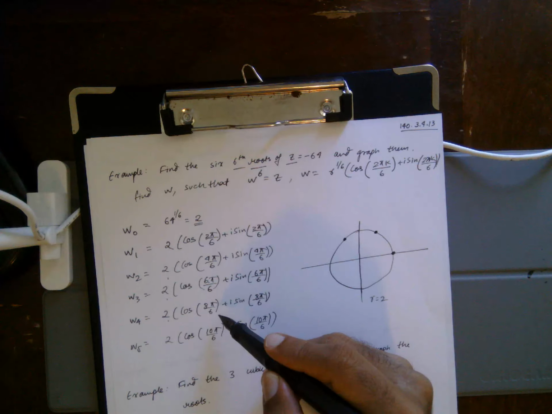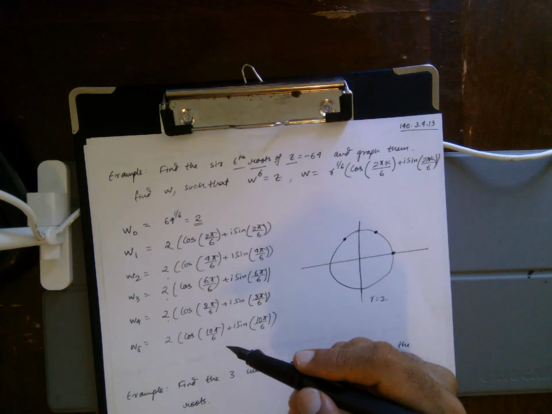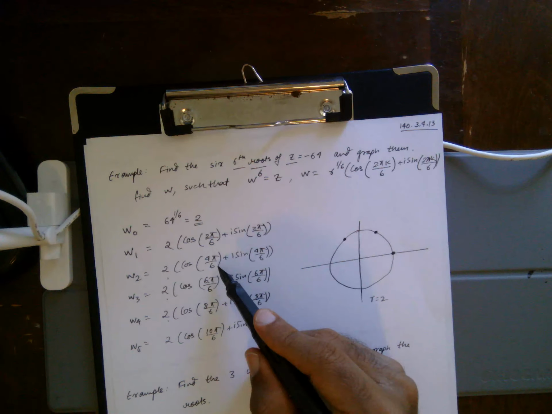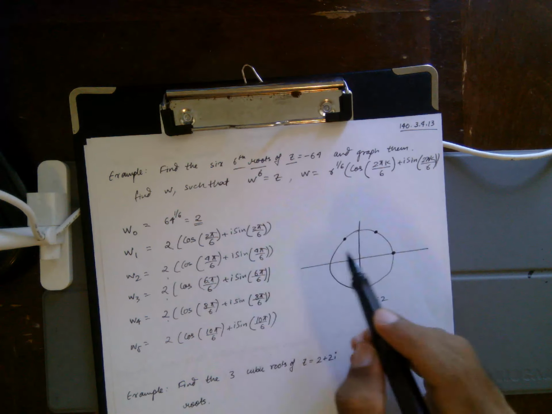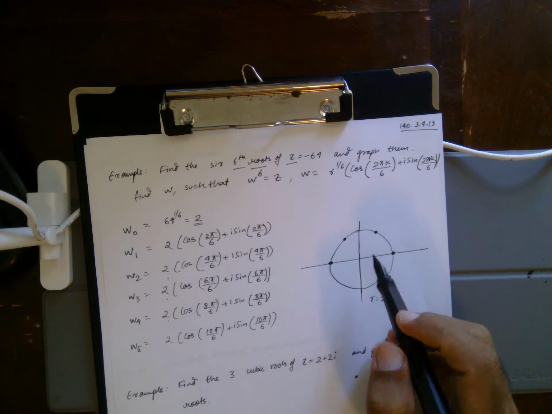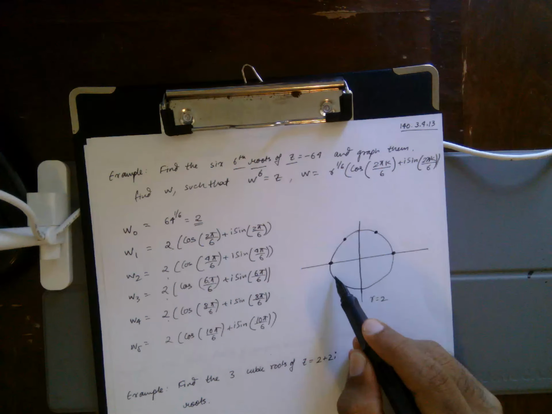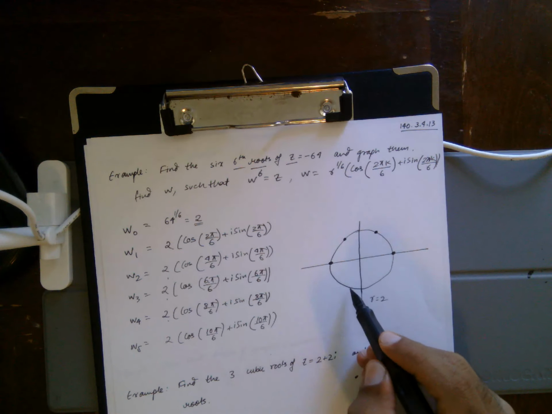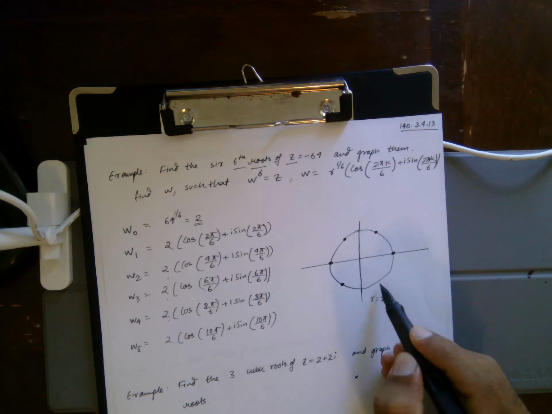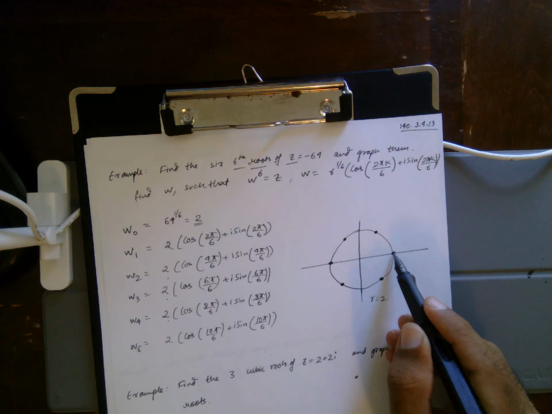Then it goes to pi. And then it goes to 4 pi over 3, which is 240, somewhere here. And then it's 330, and then back to 360.